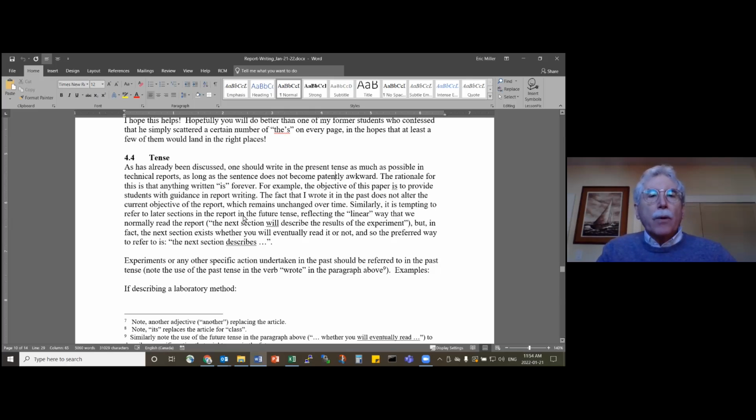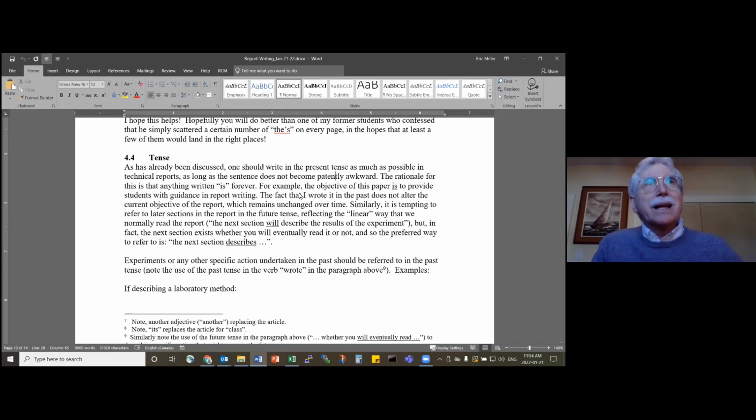Tense. I've already said that, and different people will have different styles here, but I think technical reports should basically be written in the present tense because this report is. It doesn't matter, I wrote my PhD thesis, unfortunately, decades ago, but that thesis, that content, still is. It exists on a shelf someplace, gathering dust.